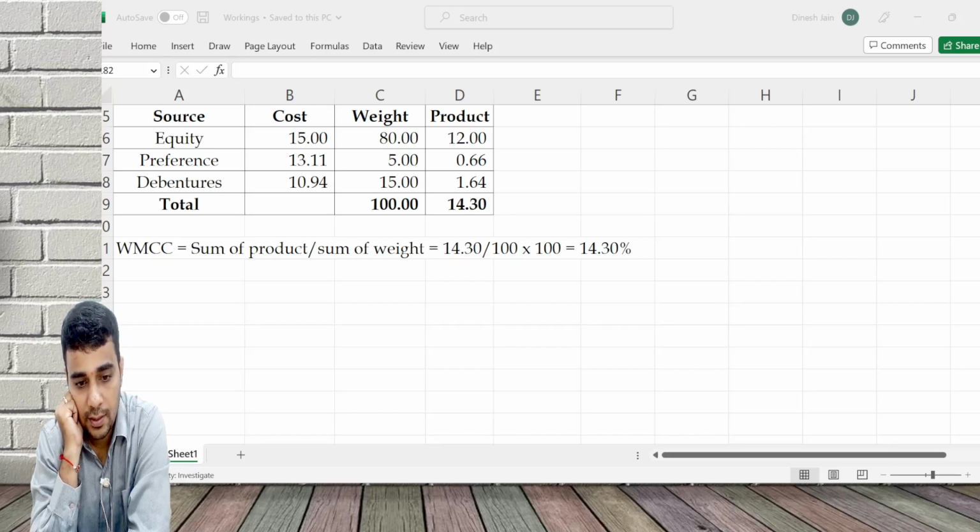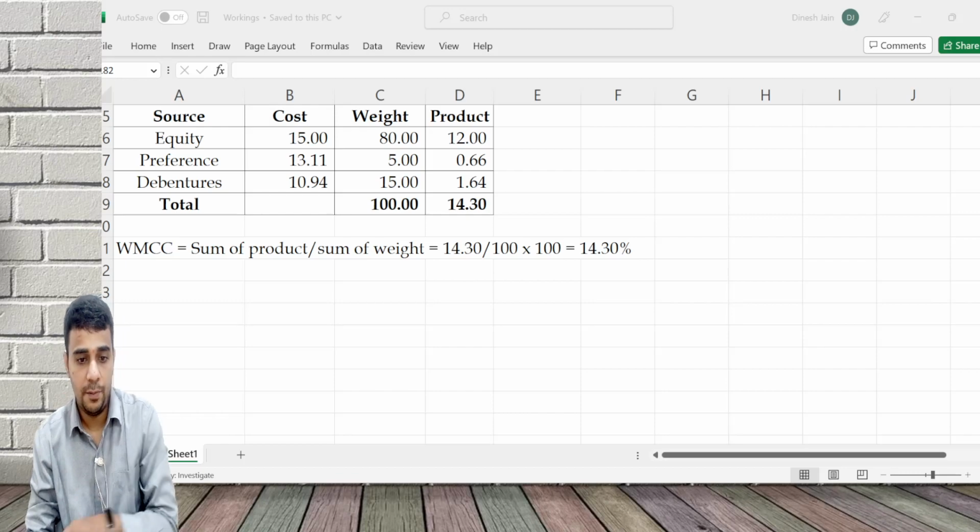Weighted marginal cost of capital is 14.3%. Hope this is done.